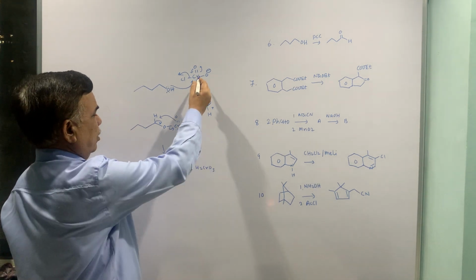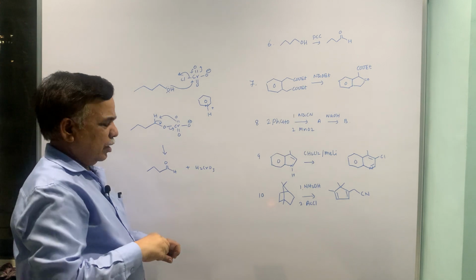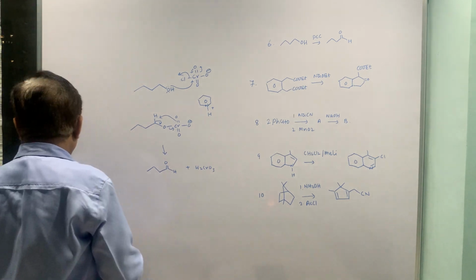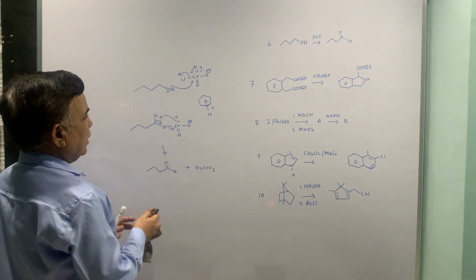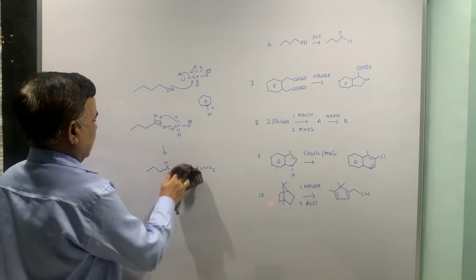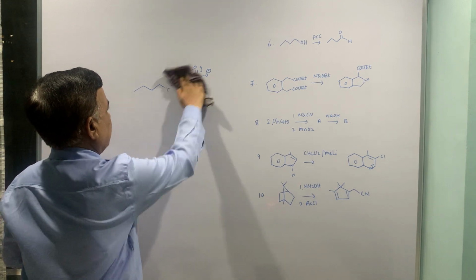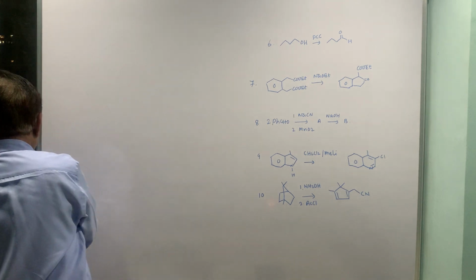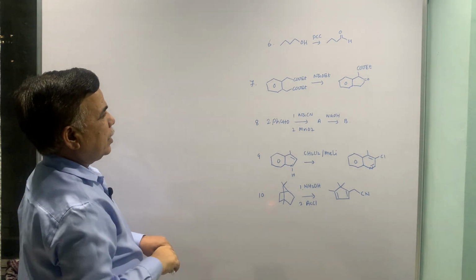So the oxidation number is getting changed from +6 to +4. So the reagent is getting reduced, and this alcohol is becoming aldehyde. The advantage of PCC is it will not do any over oxidation.